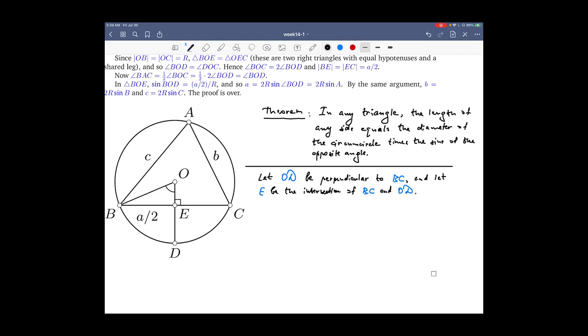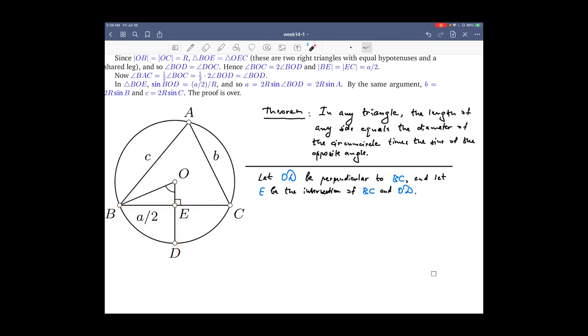So what happens, we simply drop the perpendicular from the center O to the side BC, and let D be a point of intersection of that perpendicular with the circle, and let E be the point of intersection of OD with the side BC.